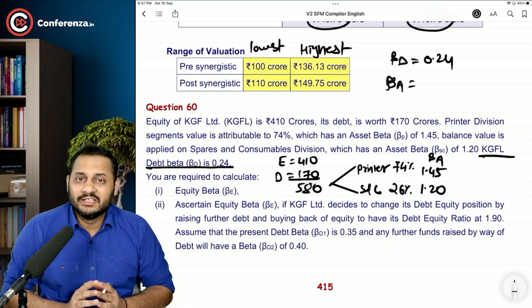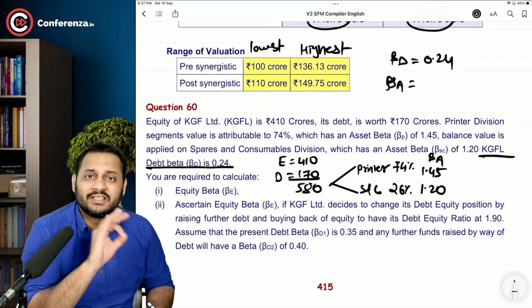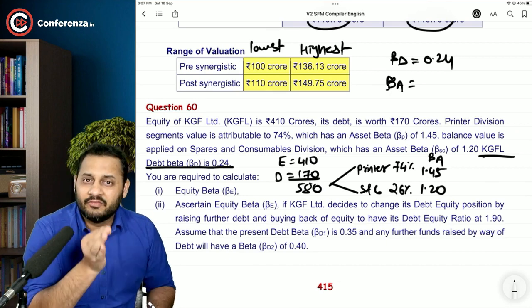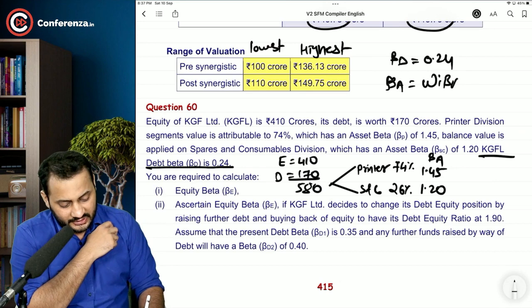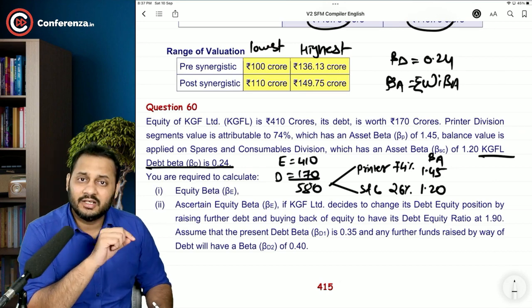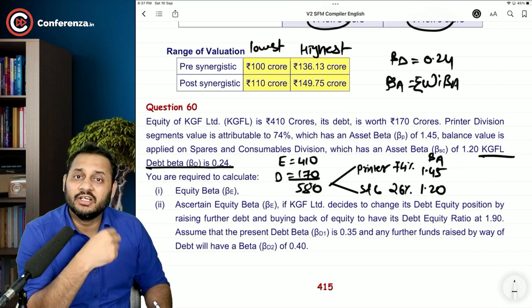What we can do is calculate the portfolio asset beta, the weighted average asset beta, by multiplying the asset beta of both divisions with their values.